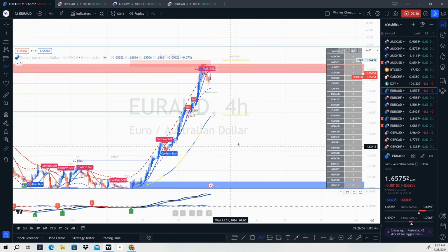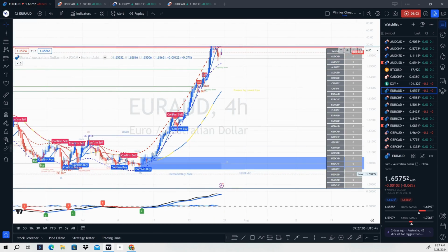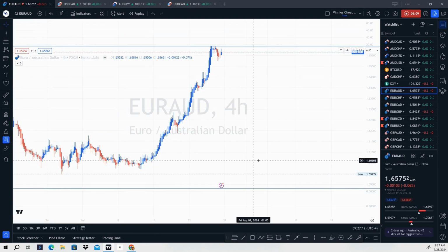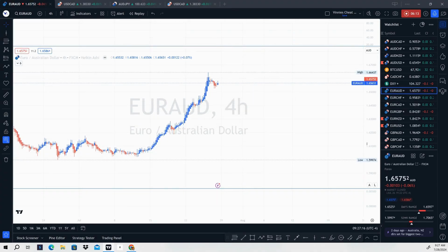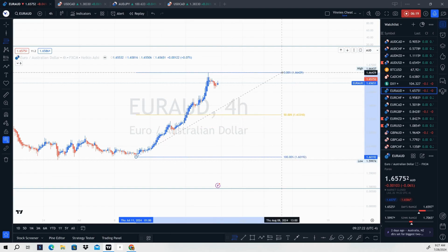Okay, and how do we know where price is going to pull back to? Well, ultimately, we don't know, but we can measure, and look for opportunities once we measure. Let's go ahead and turn off the indicator, okay? And all we want to do, again, is take our fib tool, go from the low to the high.